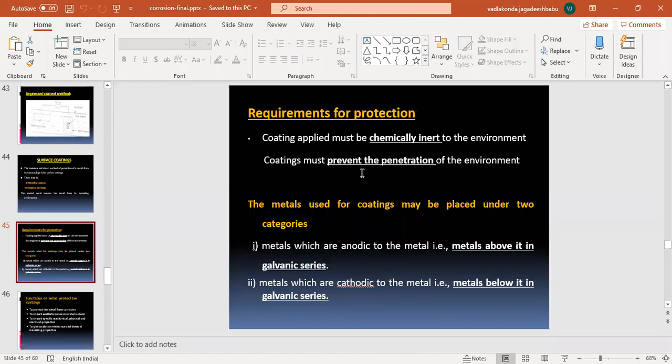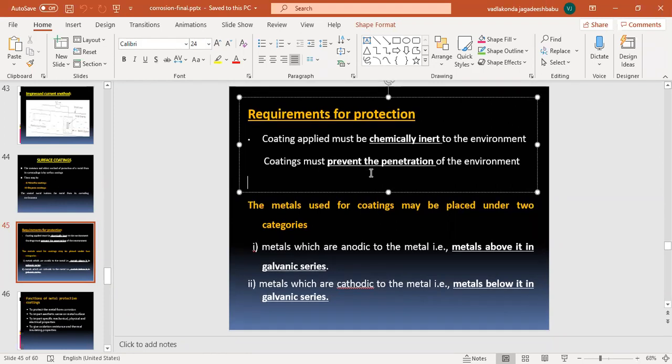And the coating must prevent penetration of the environment. When it is inactive to the environment, it will not allow any gases or liquids to flow through it and reach the metal. So the coating must be chemically inert to the environment.